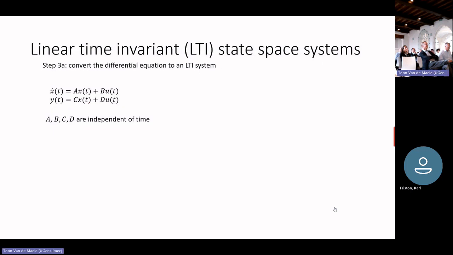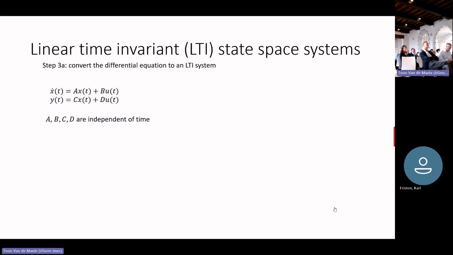And then the next procedure is to convert whatever differential equation you got into something called a linear time invariant state space system. This is a very famous representation, very often used in control systems. So if you look here, these are all variables of time, u of t and x of t and y of t, where y is the output of the system, x is a hidden state, and u is basically the input to the system.